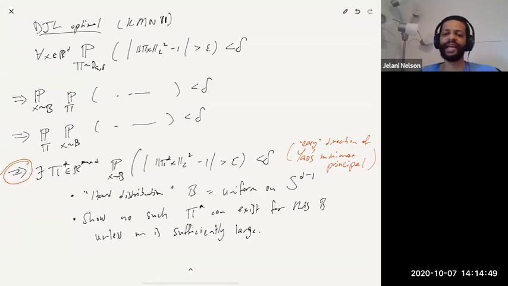I don't think you're ever going to see that term again in this course. I'm just saying it so that if at some point in the future you see the term Yao's minimax principle, you'll be like, oh, I've seen that before when I took Jelani's course years ago.